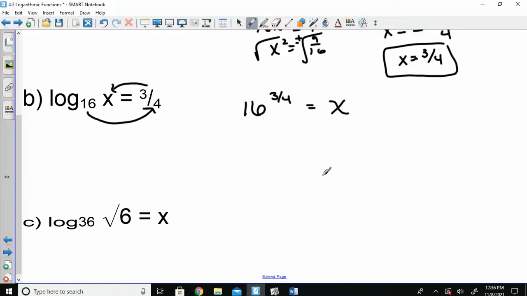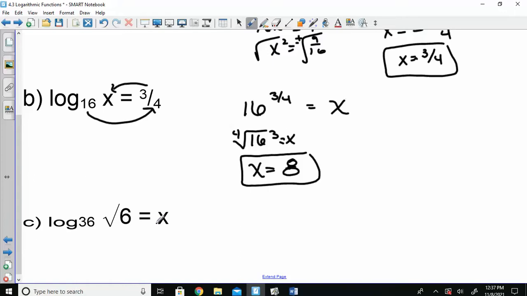All right, how do I rewrite 16 to the 3/4? What does that mean? It's the 4th root of 16 cubed. The 4th root of 16 is 2. 2 to the 3rd is 8. Quick check, that's a positive, so we don't have to worry.